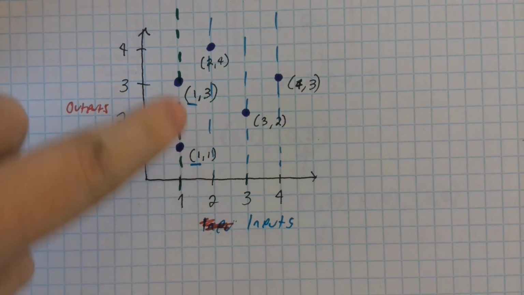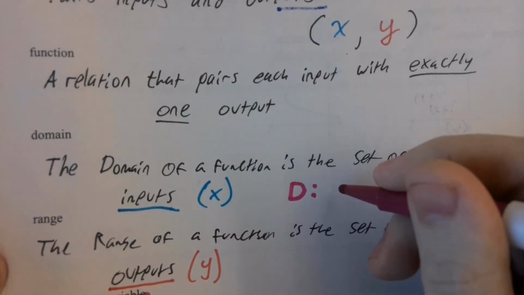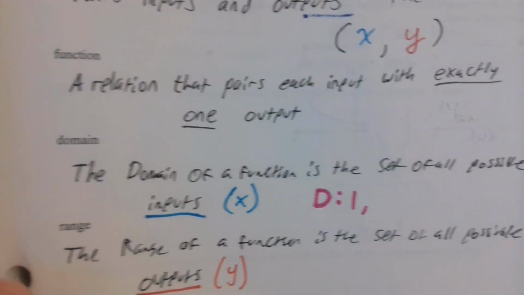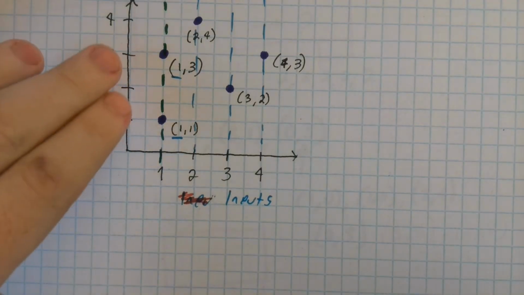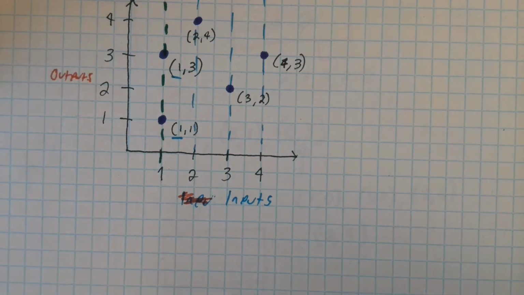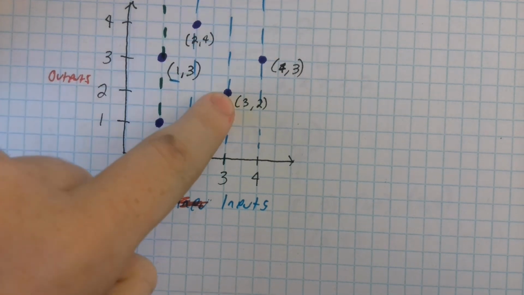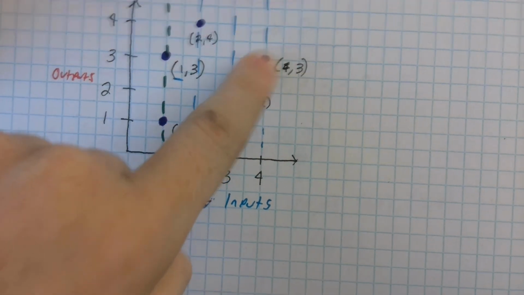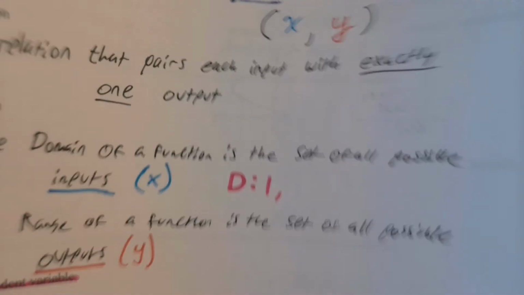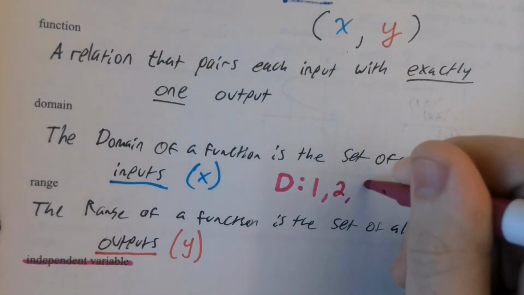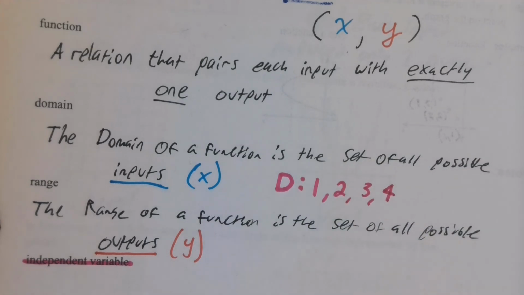Well, one of the inputs is 1. You don't need to list it twice because we already know that 1 is part of our domain. We don't need to say 1 is part of our domain and also 1 is part of our domain. We also cover 2, 3, and 4. Is there a dot where the input is 5? No. So our domain could be 1, 2, 3, and 4.